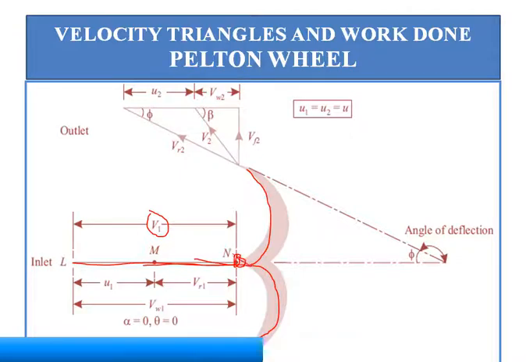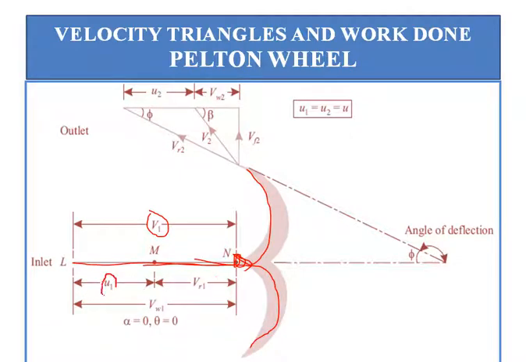After striking, the bucket moves with a velocity u1. This V1 is the velocity of the jet, and because of these two, there is a formation of a relative velocity, which is Vr1.